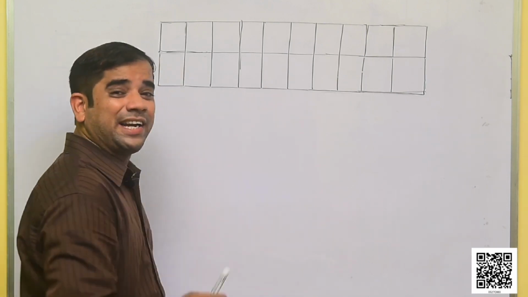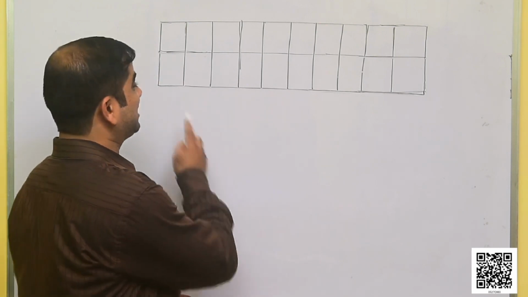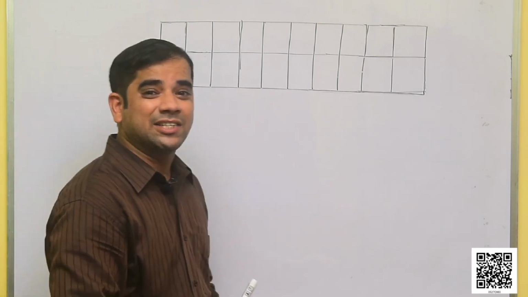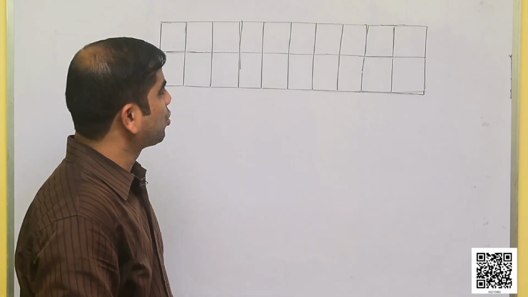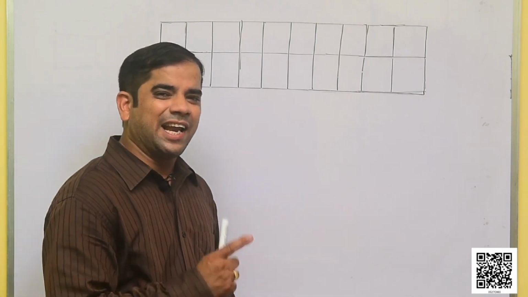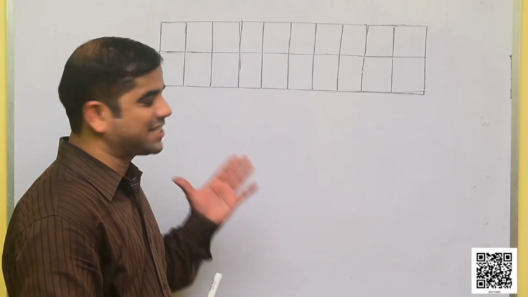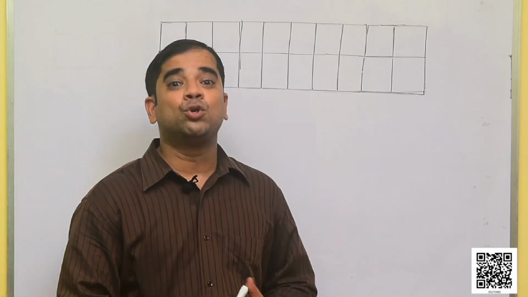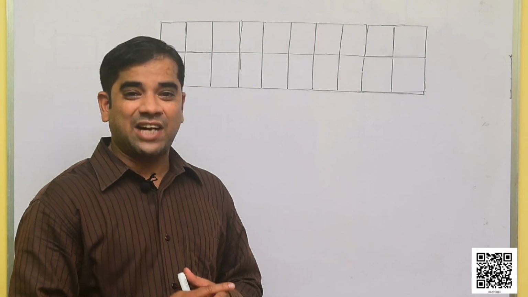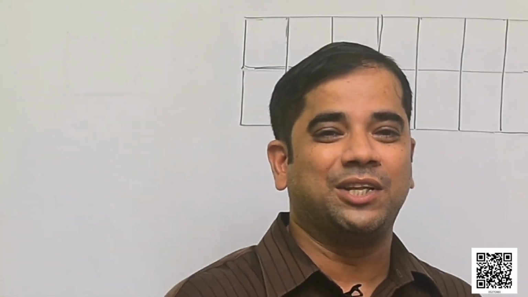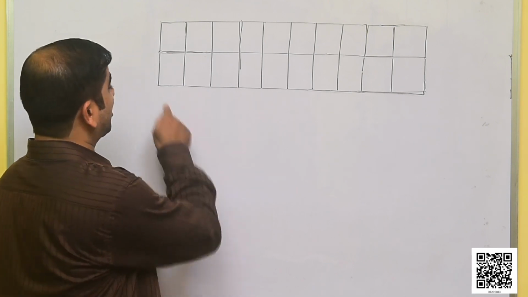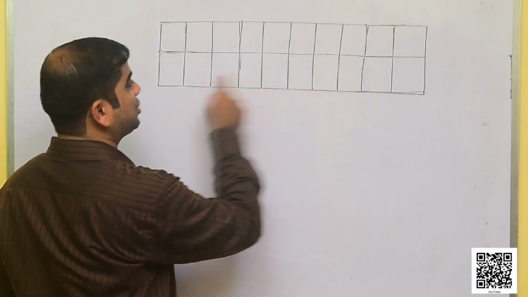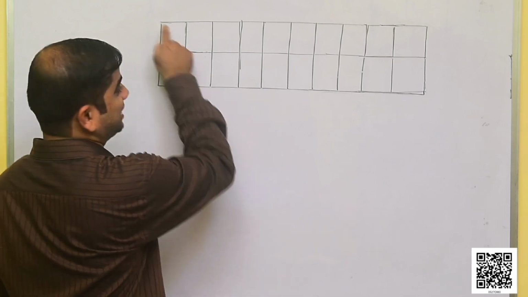It is of 20 square centimeter because it is having 20 squares of 1 square centimeter of area each. So let's draw a single line so that this rectangle can be divided into 2 equal triangles. How can you do this? We can do this by joining the corners, either these 2 corners or these 2 corners.